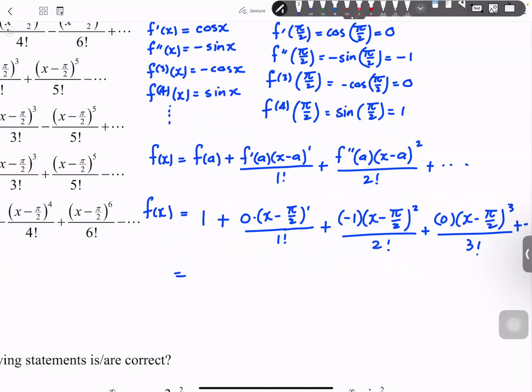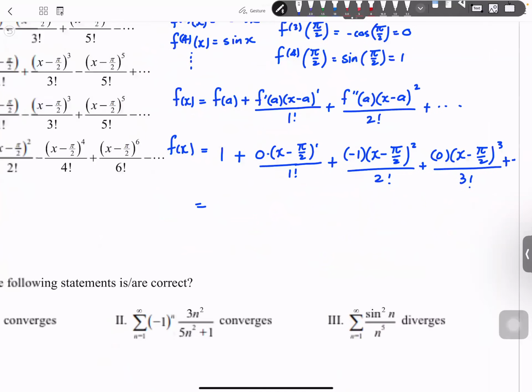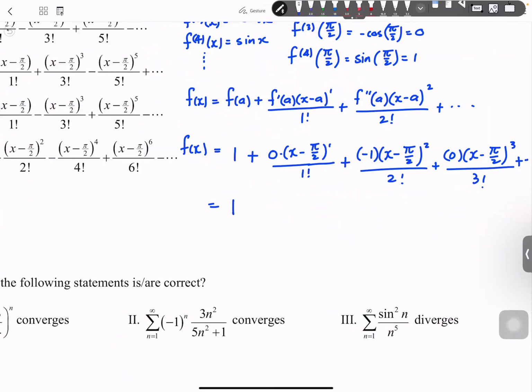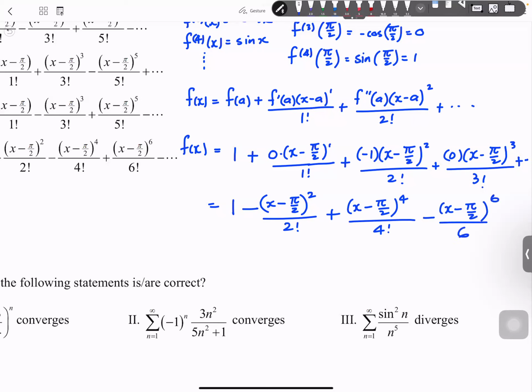So what does this become? If I get rid of all of these 0 terms, I'm going to end up with 1 minus x minus pi halves squared over 2 factorial plus x minus pi halves to the power 4 over 4 factorial minus x minus pi halves to the power 6 over 6 factorial, and so on.